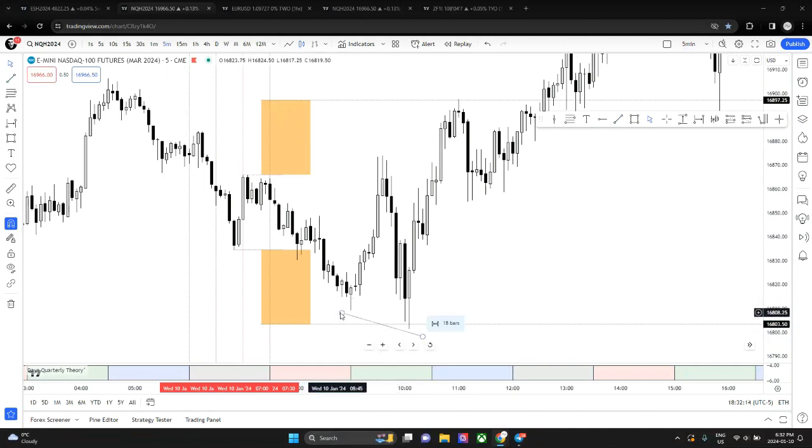Don't know why I'm talking about this stuff, but we had SMT divergence right here, right? So this low was purposely left. We whipsawed above here to take the buy stops above here. We took out sellers here with this move.